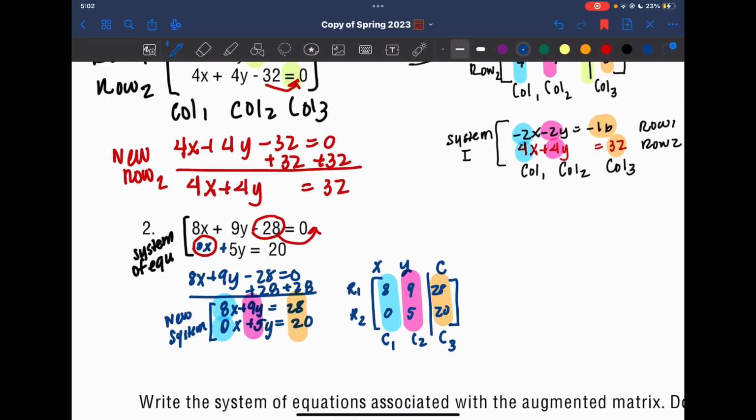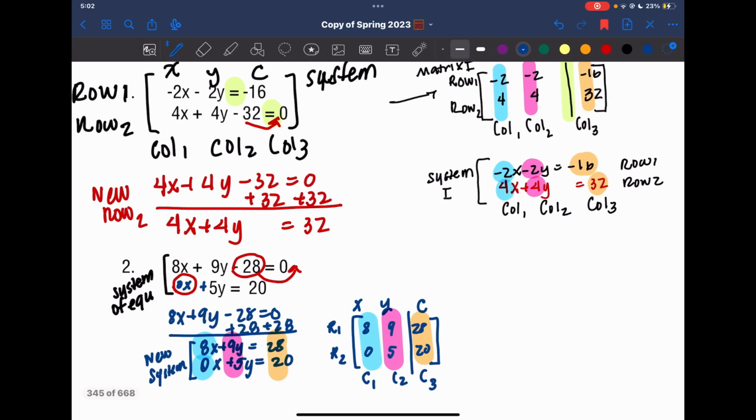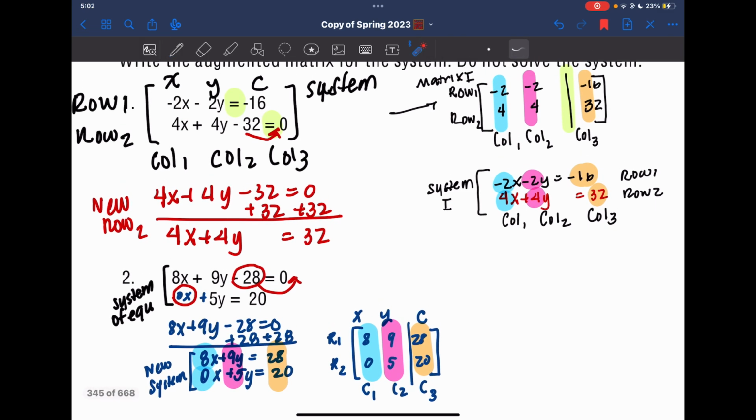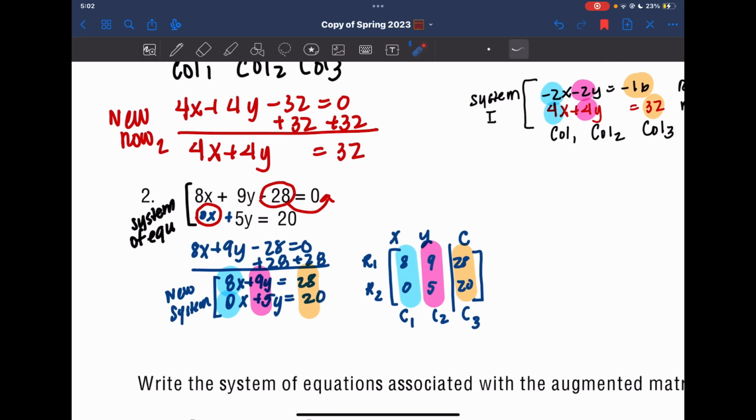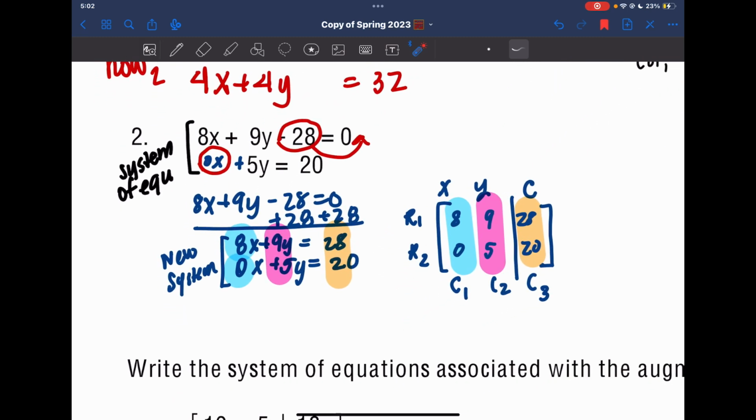So in the first example, I filled the matrix solution, or the augmented matrix, by rows. In the second example, I filled this in by columns. Both of them are going to give you the correct outcome.